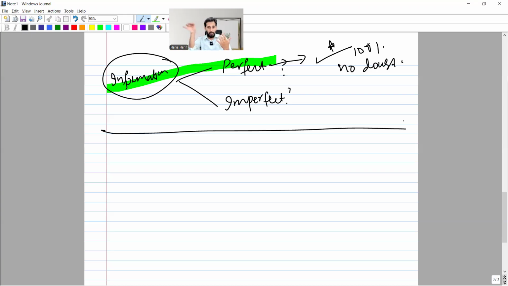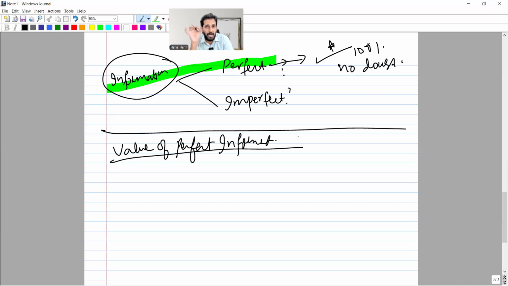I will be assigning the probabilities, analyzing the news channel and the political and economic elements, in search of the perfect information in which there should be no doubt. So if I'm making many efforts for you, definitely I will charge money from you, and that's called the value of perfect information.